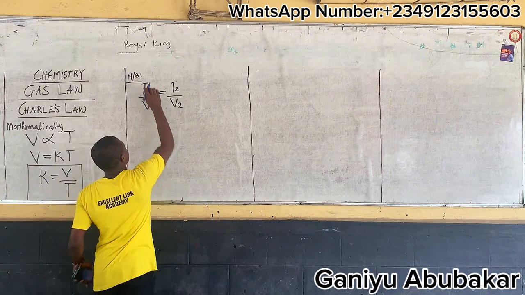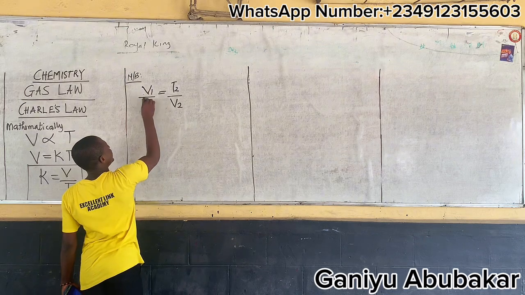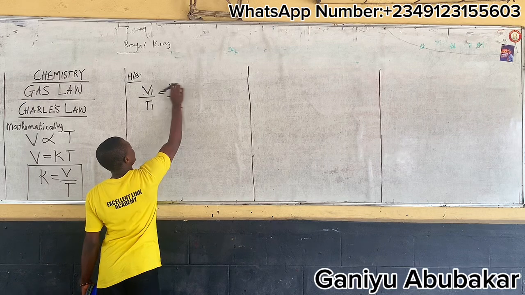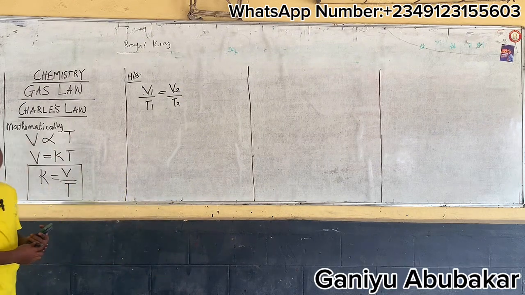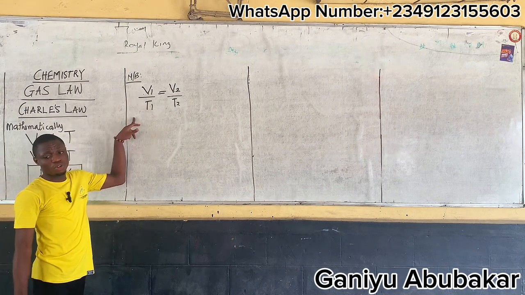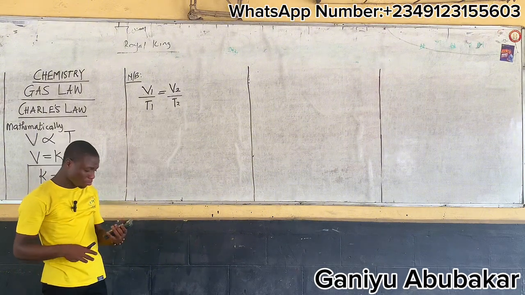It is V before T. So if pressure is kept constant, Charles' law can also be expressed as V1 over T1 equals V2 over T2.